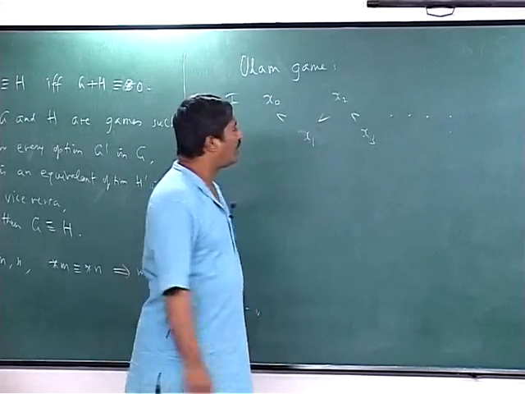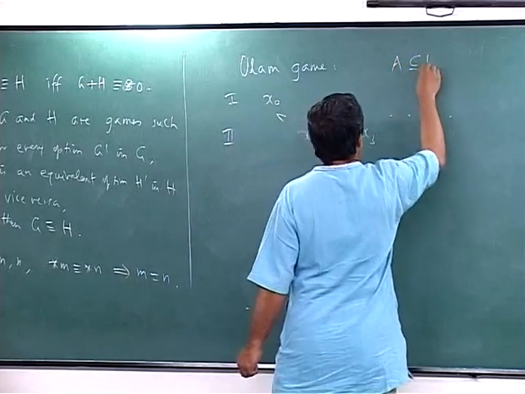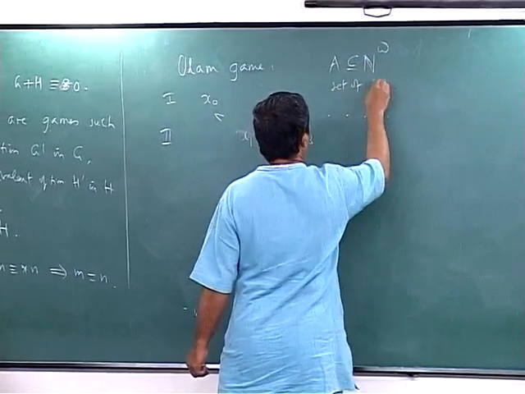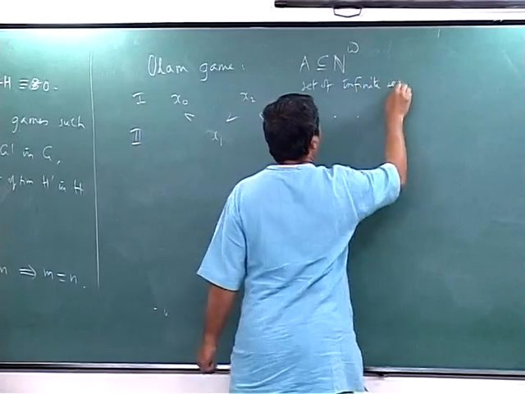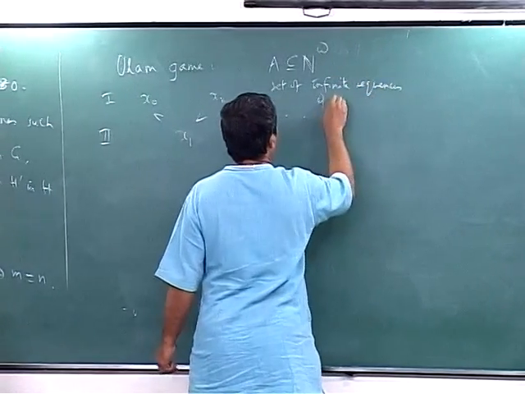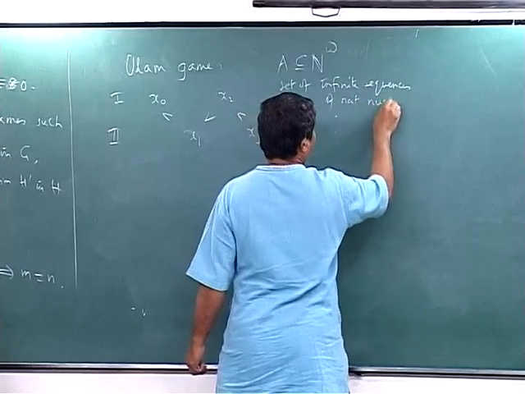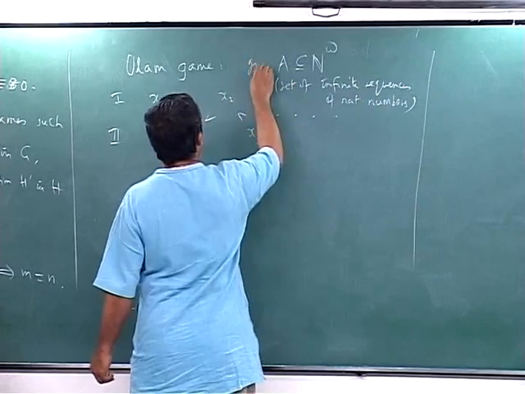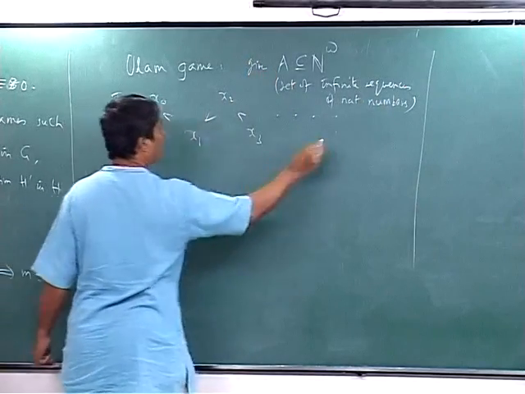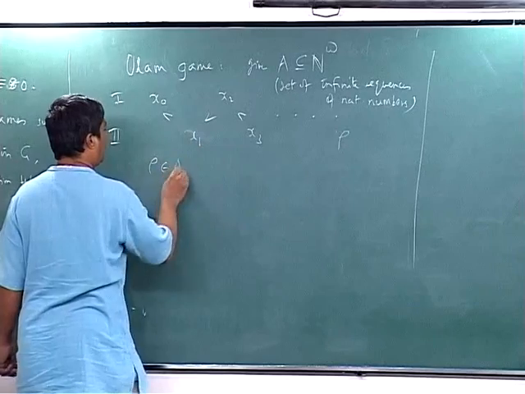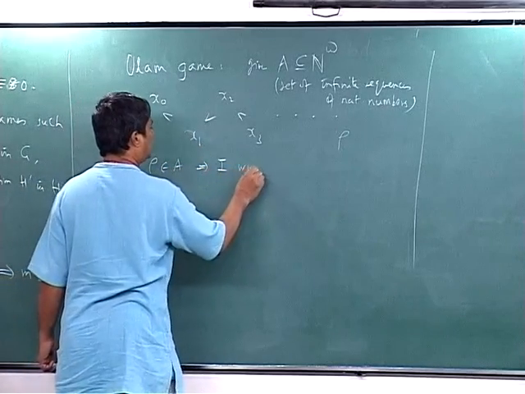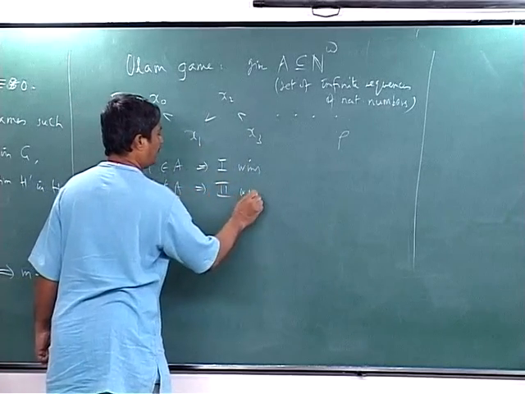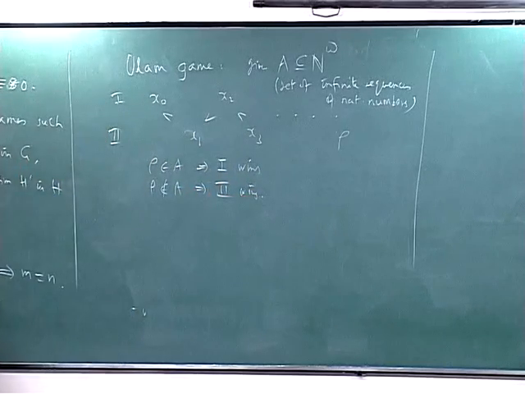And what you are given is a subset A, a set of infinite sequences of natural numbers. So this is given. Now if the sequence rho belongs to A, 1 wins. If rho does not belong to A, 2 wins.